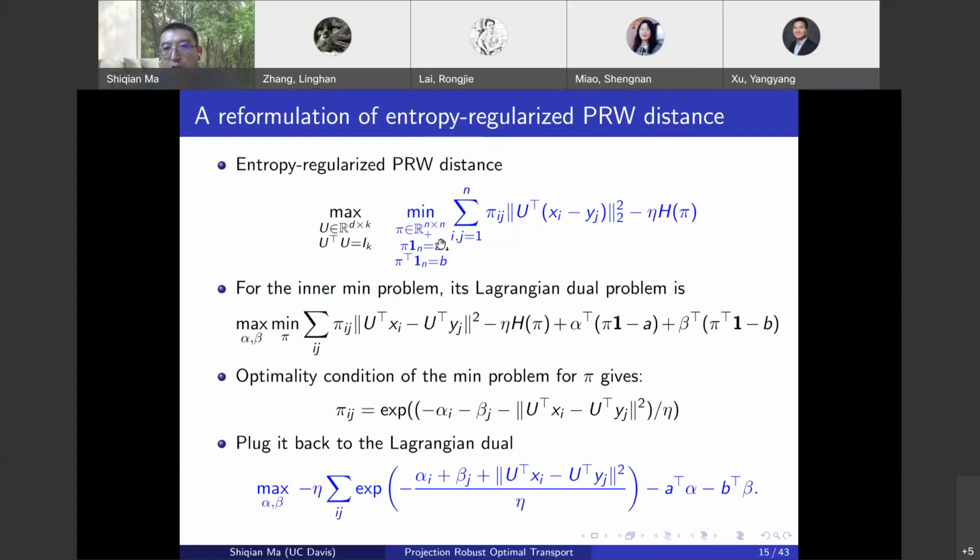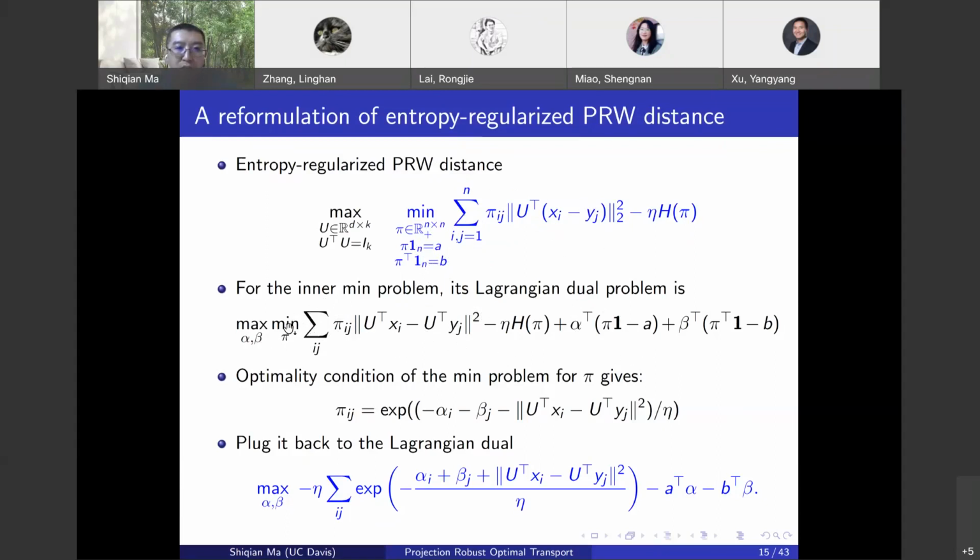We know that this is a strongly convex problem, right? And for this blue part, we can write down its Lagrangian dual problem. We use alpha and beta to denote the Lagrange multipliers for these two equality constraints, and then the Lagrangian dual of this blue part is given by this.